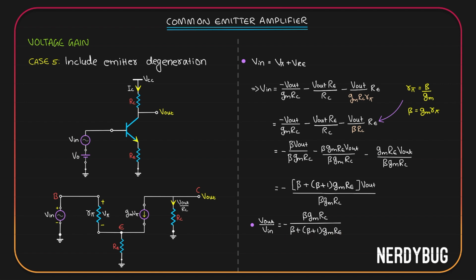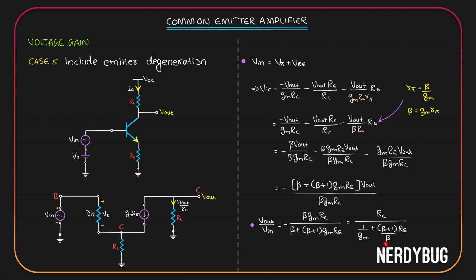Let us divide the numerator and the denominator by beta gm. Then the numerator will simply become RC. In the denominator, we have beta. If you divide beta with beta gm, you will get 1 by gm. Here we have (beta plus 1) gm RE. If you divide it with beta gm, gm and gm get cancelled and you get (beta plus 1) by beta RE.